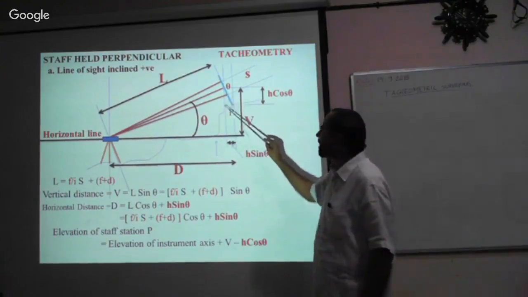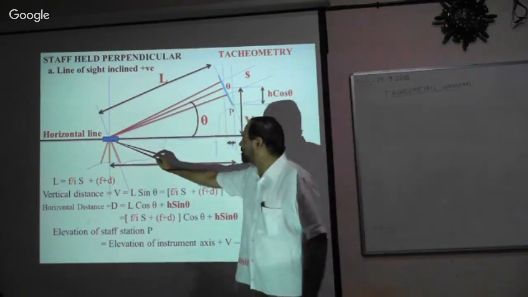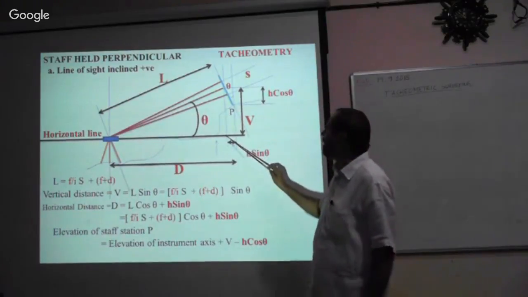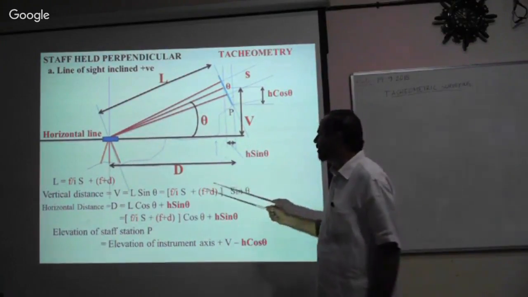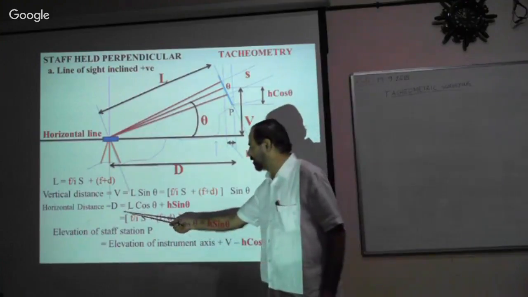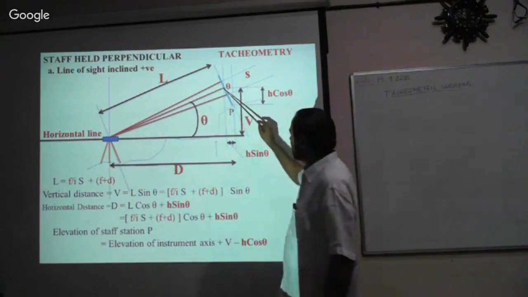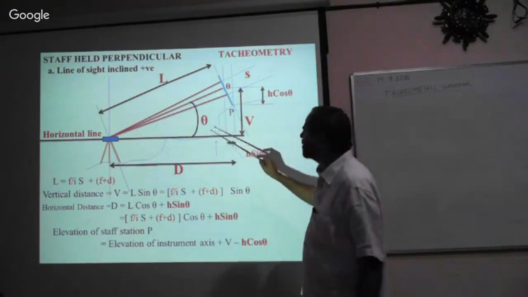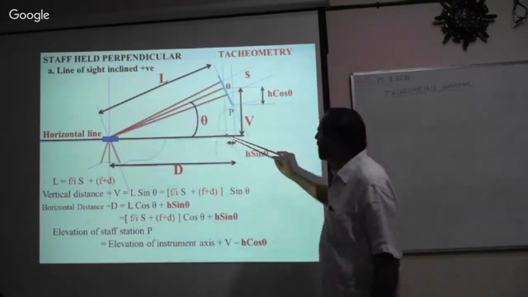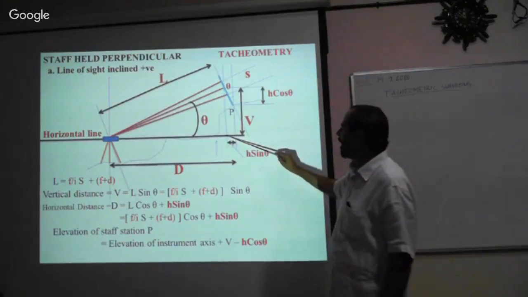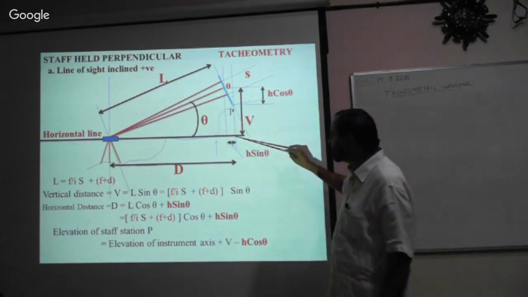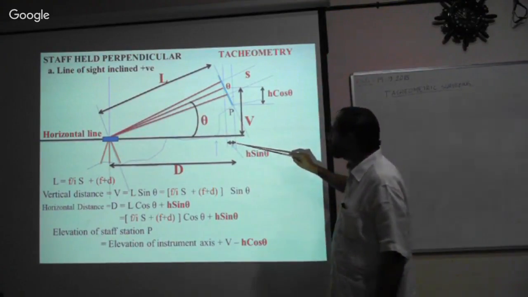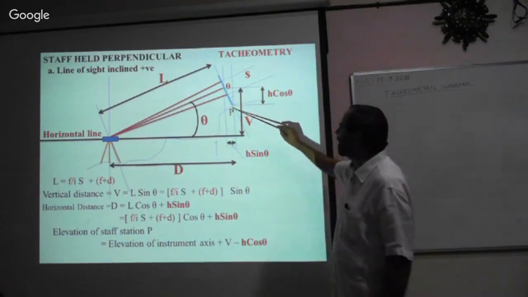From this triangle, the distance calculated from the instrument axis to the location up to here, plus this distance. That is what we have written here. D is equal to, from this triangle, the horizontal distance from the instrument station to the point plus this distance. So this distance is calculated by handling this triangle.